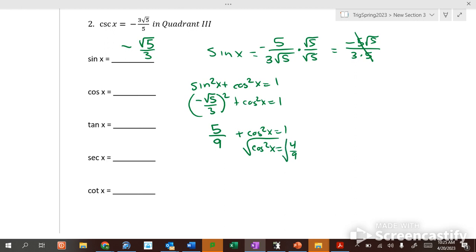Then just take the square root. What's the cosine of x going to equal? 2/3. And since we're in quadrant 3, it's going to be negative. Now we got some nicer numbers to work with. So to find tangent, it's actually pretty easy. We can just do sine over cosine, right?